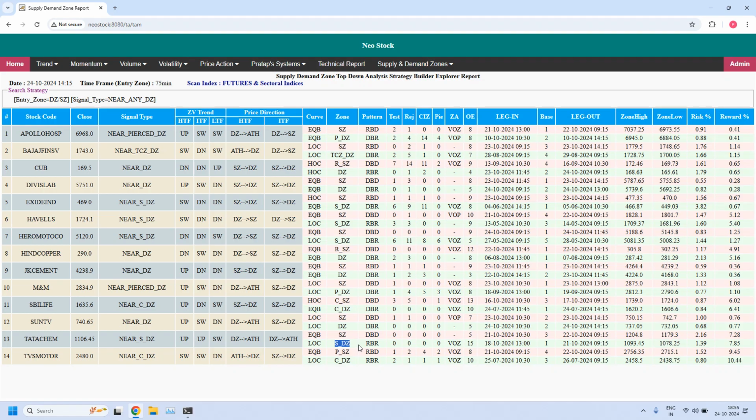Next, Tata Chemicals is having a high liquidity demand zone. TVS Motors is pierced, so it's not valid. So in total we identified 4 valid high liquidity 75 minutes demand zones from this list.